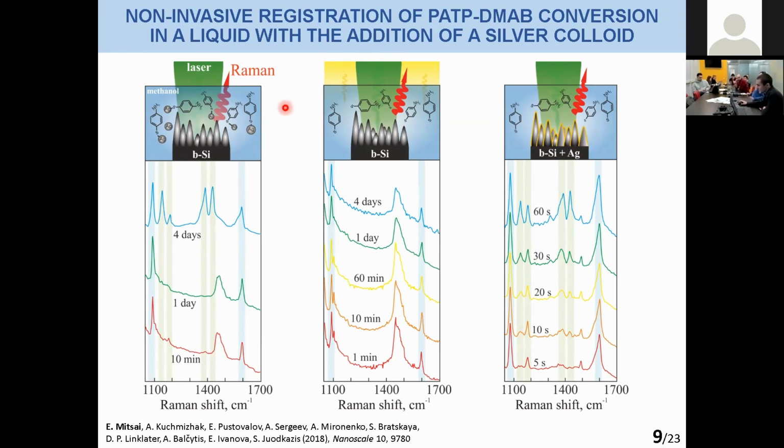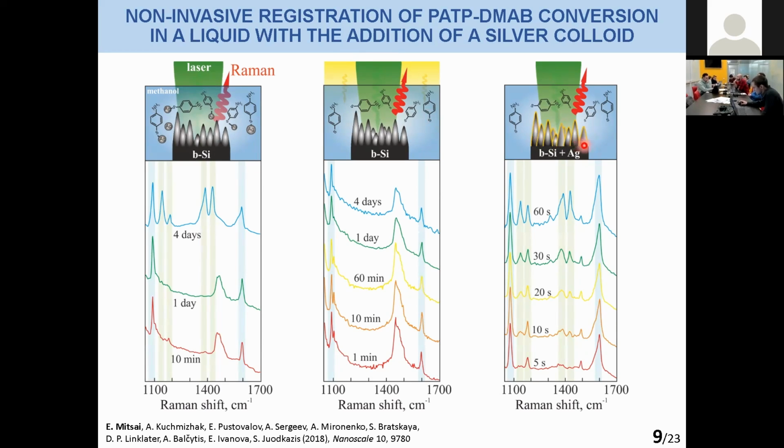So first, this is the main result: a chemically inert substrate, and to be able to measure chemical reactions in liquids we add silver colloid nanoparticles, and we see this slow dimerization reaction. This is just a reference, to know for sure that without nanoparticles we will not see anything, just PATP molecules.